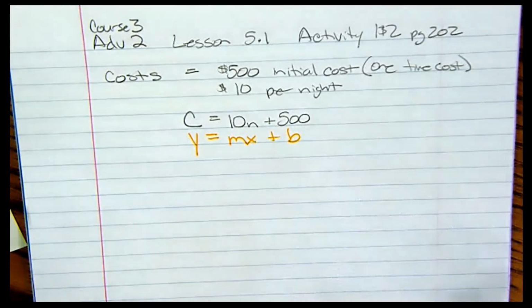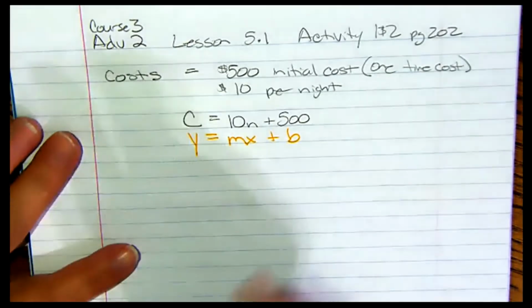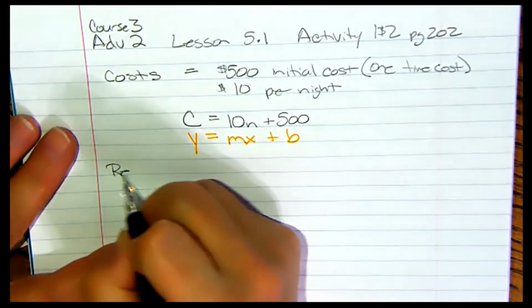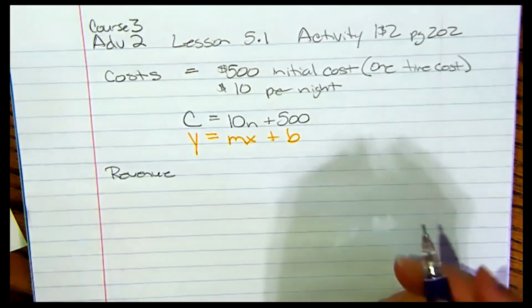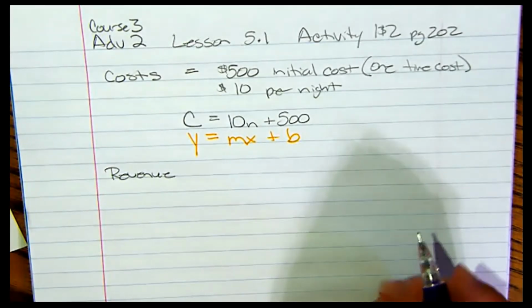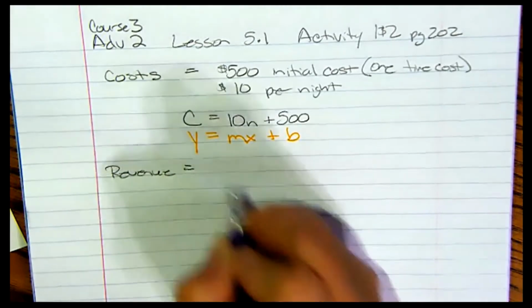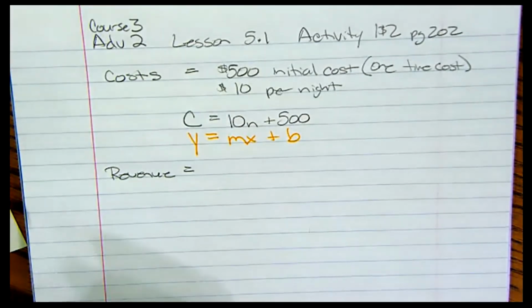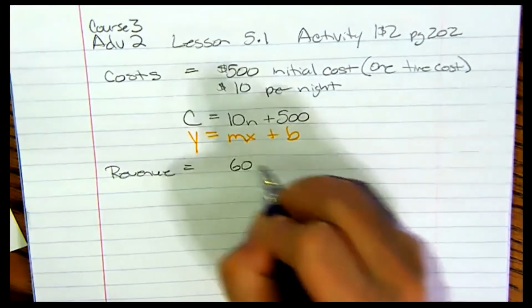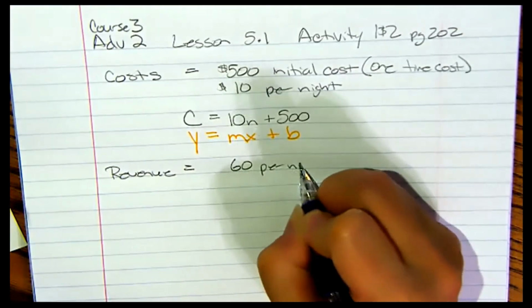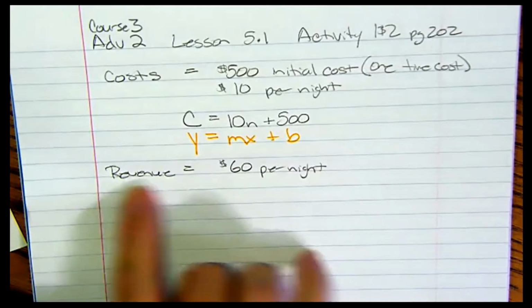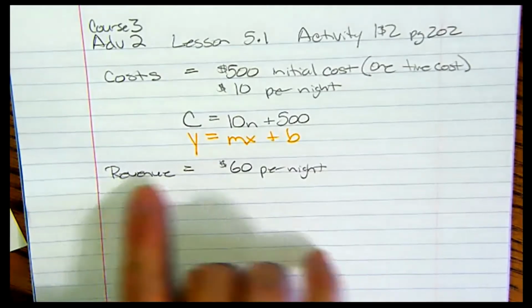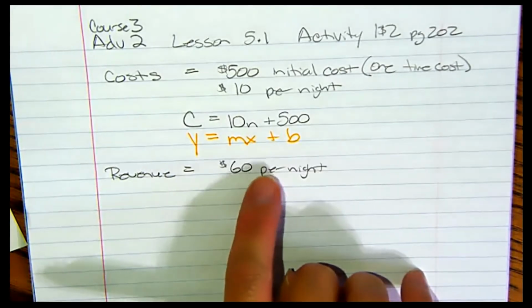Okay, now we need to talk about our revenue. Our revenue is how much money we're bringing in, how much money we're making. And we charge $60 per night. So the amount of money we make is the revenue, and we make $60 per night.